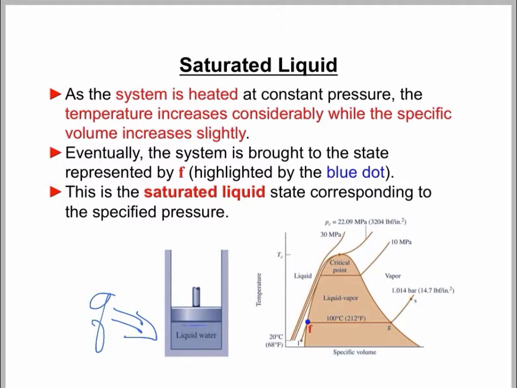So this piston has risen, but only a small amount, such that the specific volume changed from where you were at state 1 to where you are at state f. At this state f, you are 100% liquid, but you are at the boiling temperature.